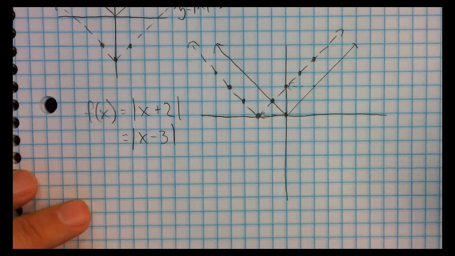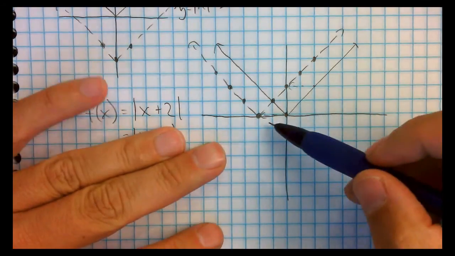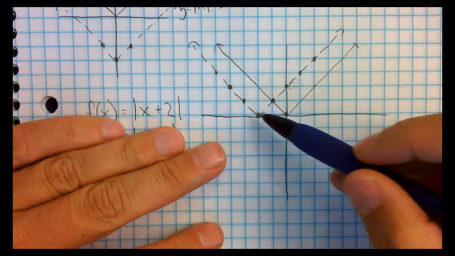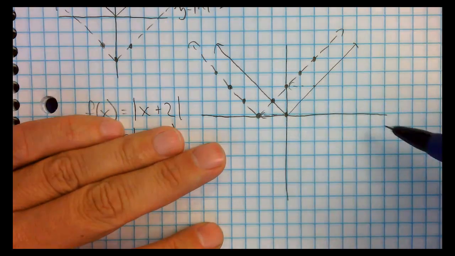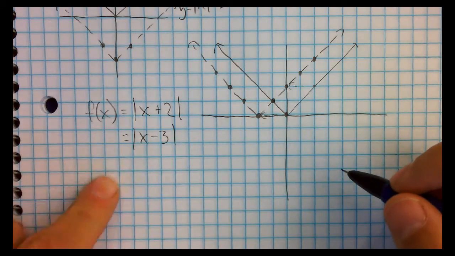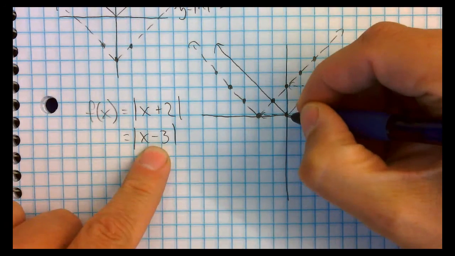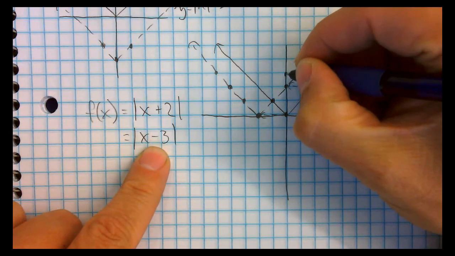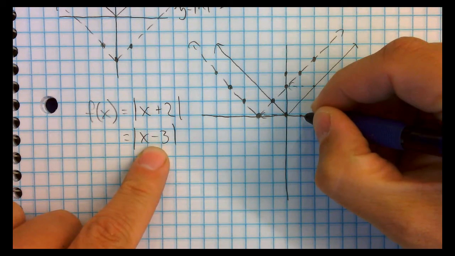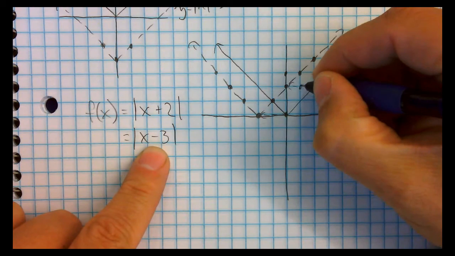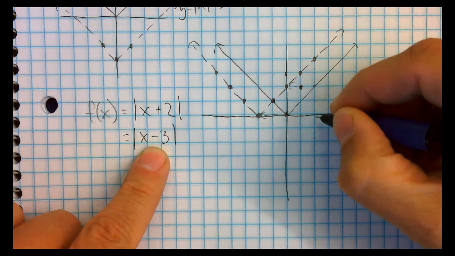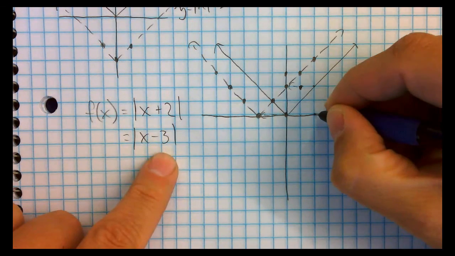Okay, so our first guess here might be to say, oh, well, when it's plus 2, it shifts 2 to the left, so maybe minus 3 shifts 3 to the right. Let's see what happens. If I plug in 0 here, I get absolute value of -3, which is 3. If I plug in a 1, I get -2, absolute value of that is 2. If I plug in a 2, I get absolute value of -1.